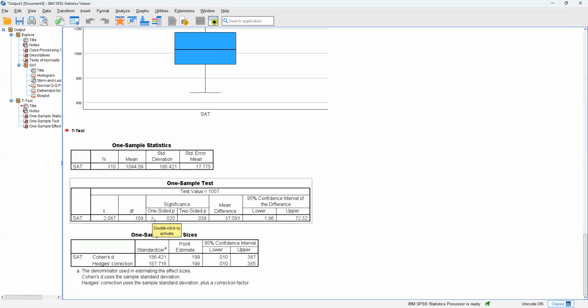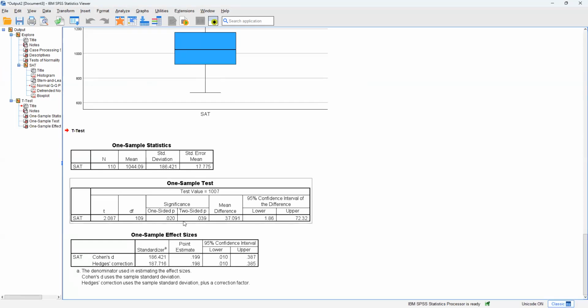And then the significance, our p-value: we're going to use the two-sided p-value in this particular case because we didn't have a good idea if our sample mean would be higher or lower than the state population average before we collected data. Obviously we know that now.